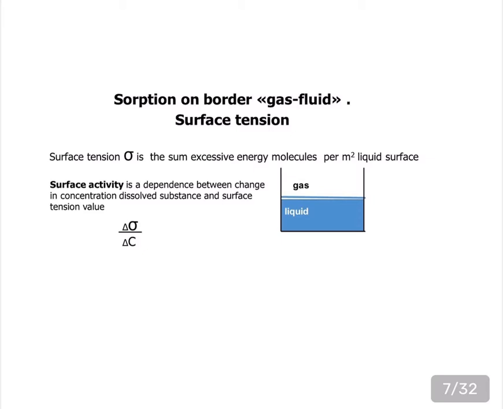Different gases, for example oxygen, nitrogen, methane, propane, and some organic substances like glucose, sucrose, and fructose are surface non-active substances. They do not change surface tension.